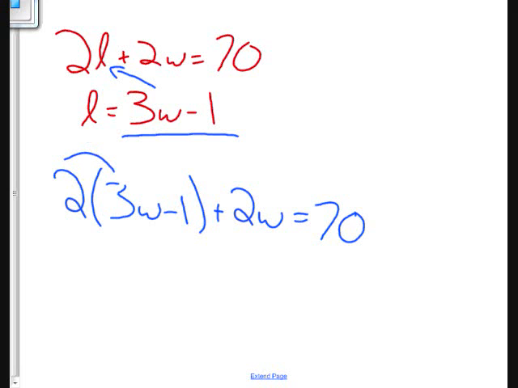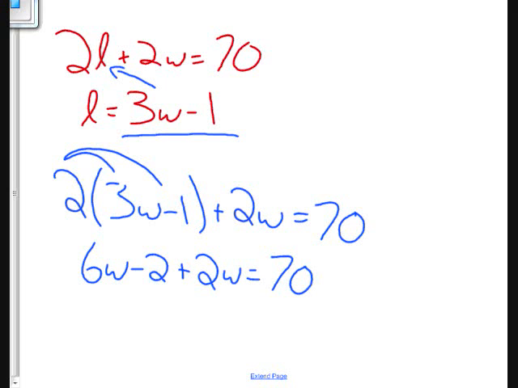Multiply out by 2. I can group my W's together.